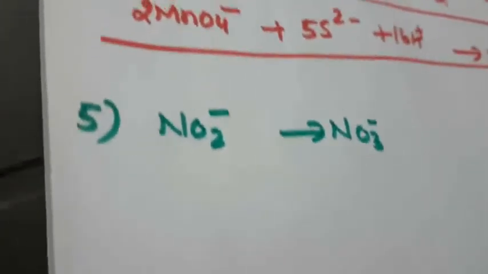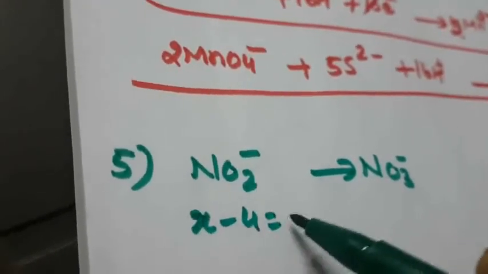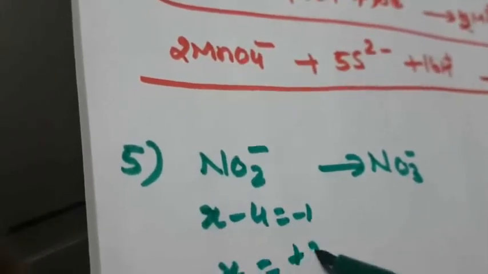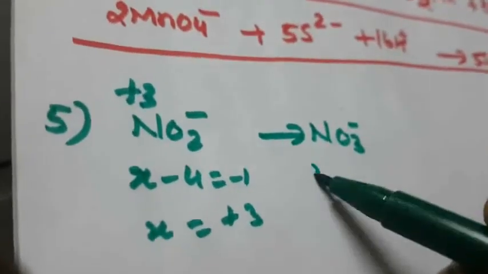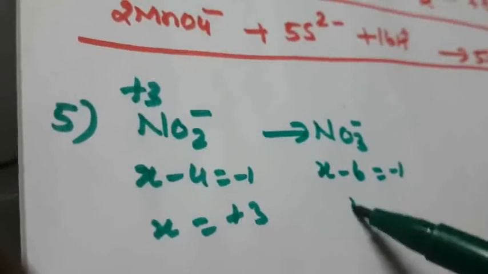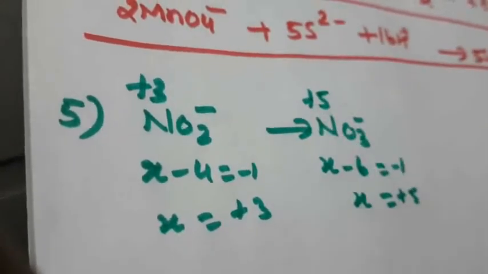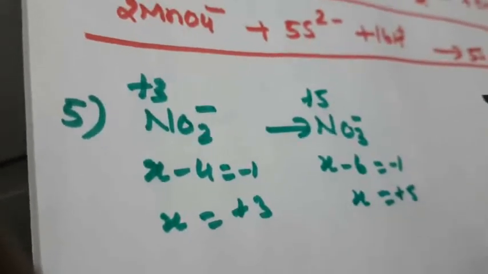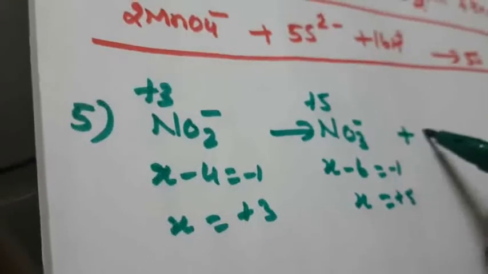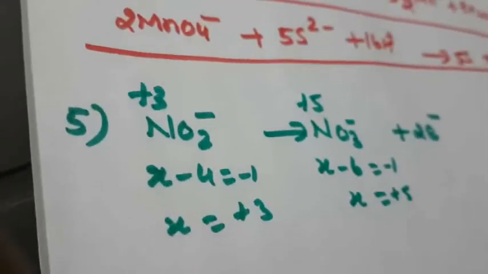What is the charge of this nitrogen? x - 4 = -1, so x = +3. For the other, x - 6 = -1, so x = +5. How many electrons are lost? 2 electrons, so we are adding 2 electrons on this side. What is the general equation here?